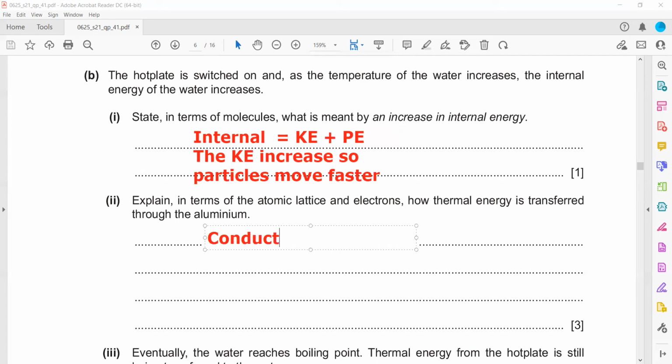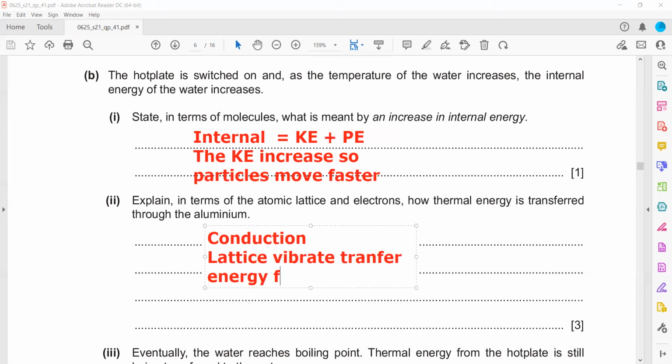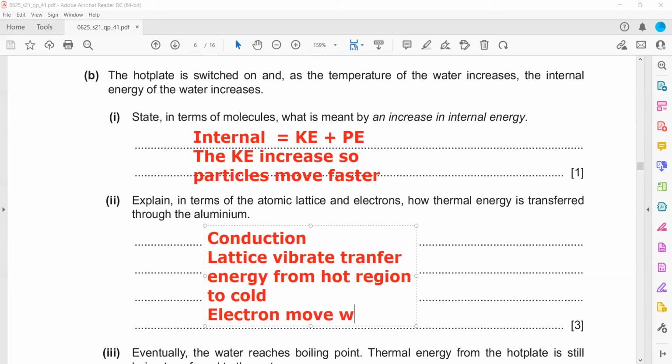Conduction occurs. Then the lattice vibrates and transfers energy from the hot region to the cold region, and electrons also move through the lattice, which transfers the energy by collision with the metal ions within the lattice.